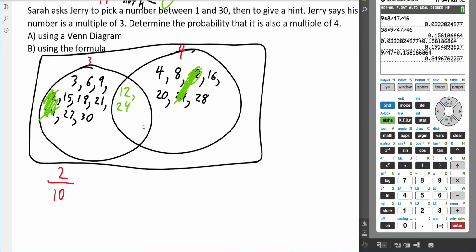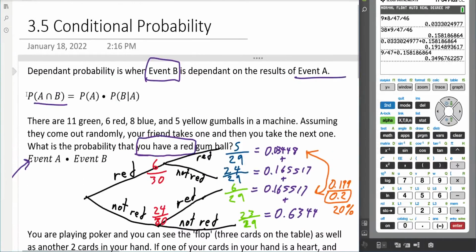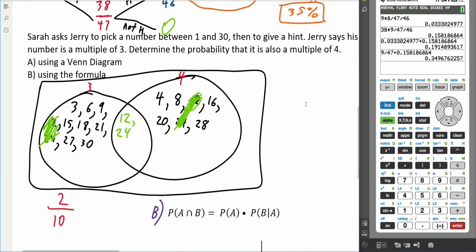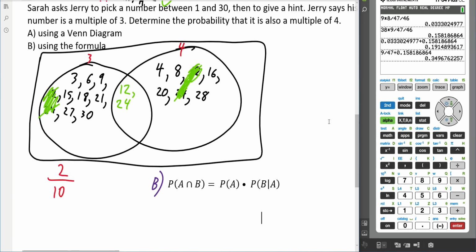Okay, what else can we do? Well, part B suggests that we could use a formula. So the formula is as given at the beginning here. Maybe I'll just even copy that down. That formula is helpful because it allows us to do this without picking each one.